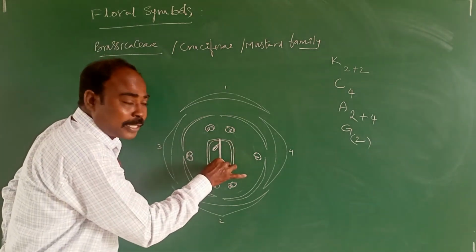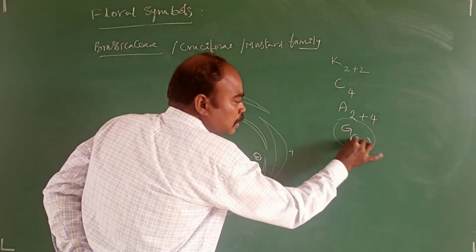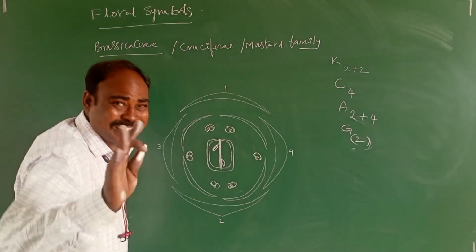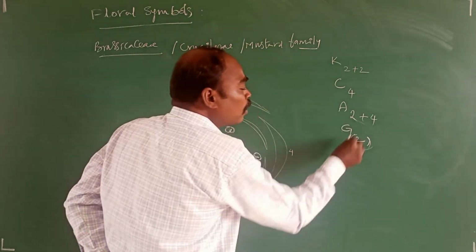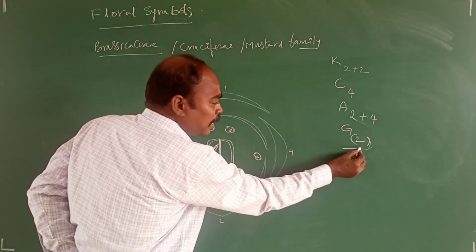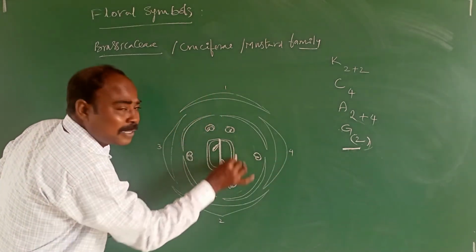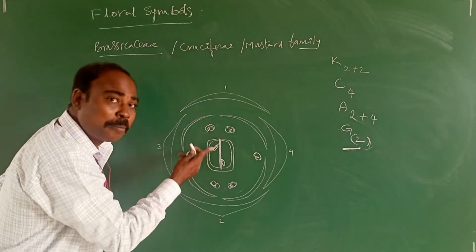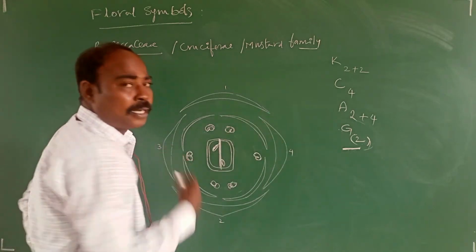How many carpels there are, free or fused, is explained here: gynoecium syncarpous. But in the formula there is no explanation of placentation; there, superior ovary is explained. Gynoecium syncarpous, bicarpellary and superior ovary are explained in the formula symbol. But in the diagram we cannot explain the superior or inferior condition, but we explain the placentation condition, right? That is the difference between formula and diagram.